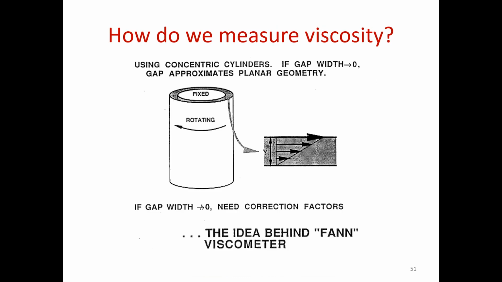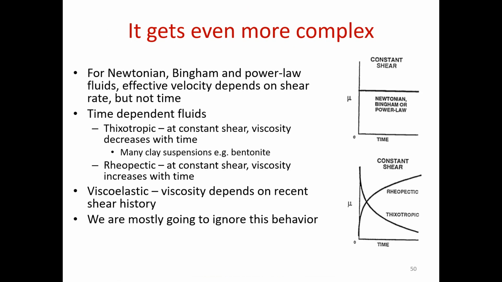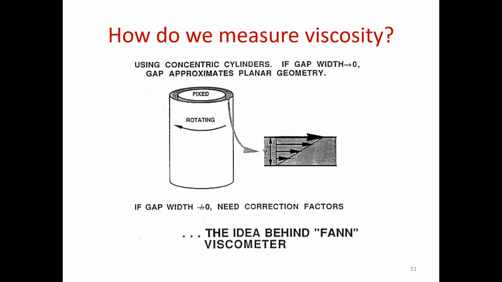All right. We will not go into time behavior, where viscosity is changing in time and has a history built into it. We will get to this a little more, but we measure viscosity with different types of viscometers.